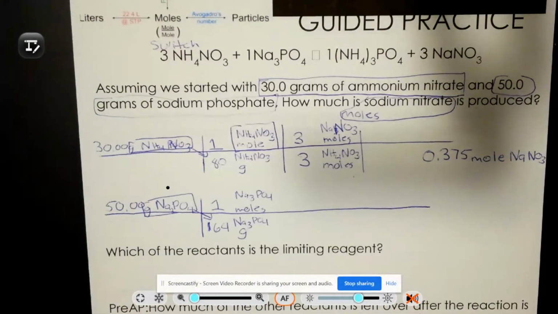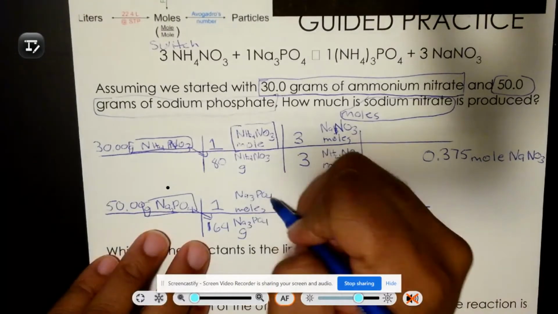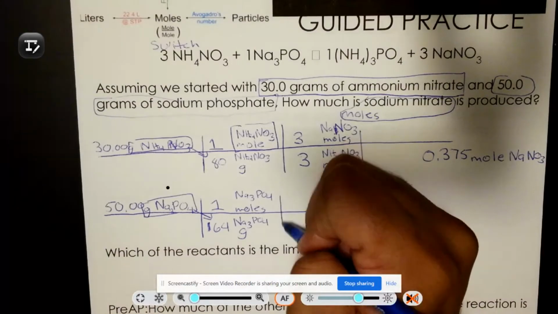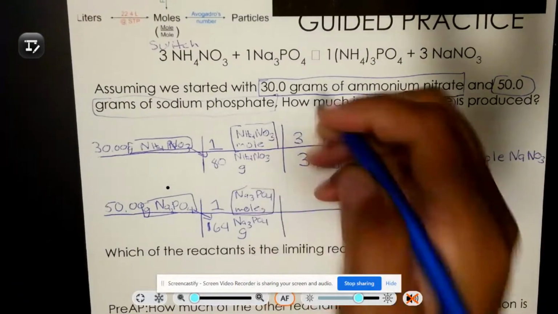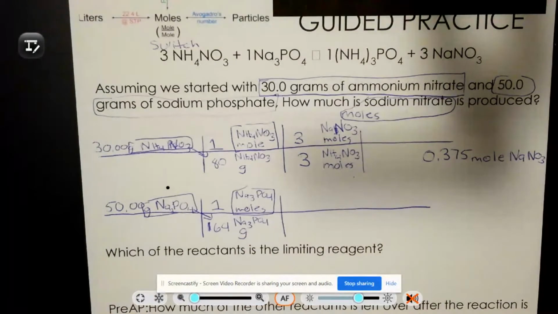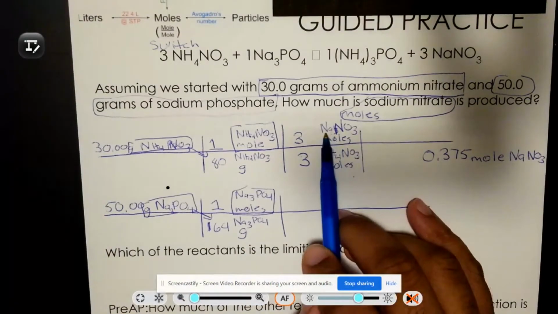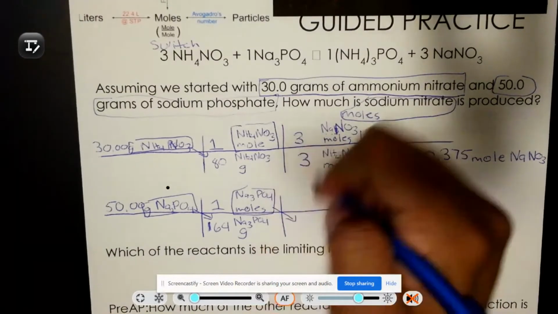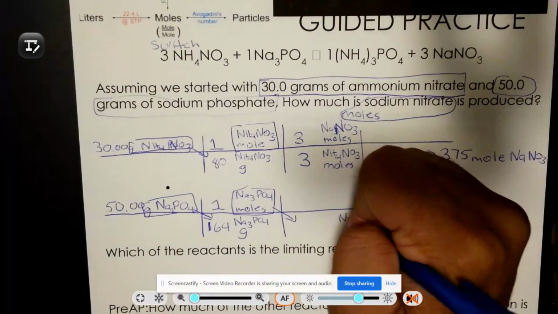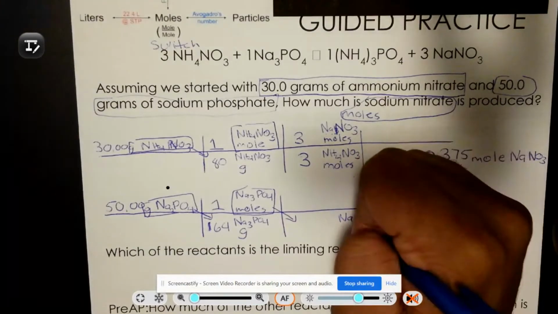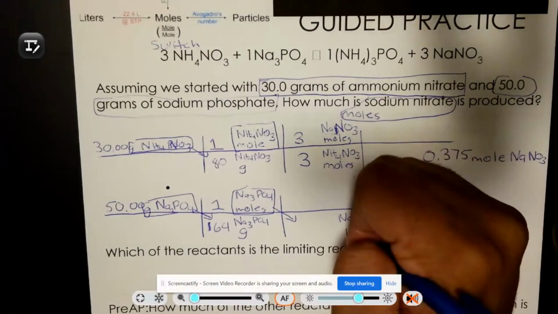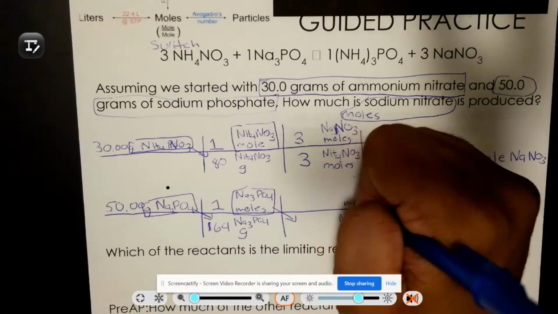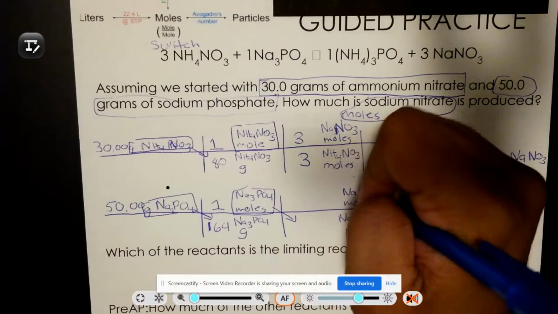Okay, and now we have moles of sodium phosphate. And now we can switch to our last thing we want to do, which is we want to get to sodium nitrate. So we're going to take our units, we're going to bring them down. And so we have moles of sodium phosphate. And now we want to go to moles of sodium nitrate.